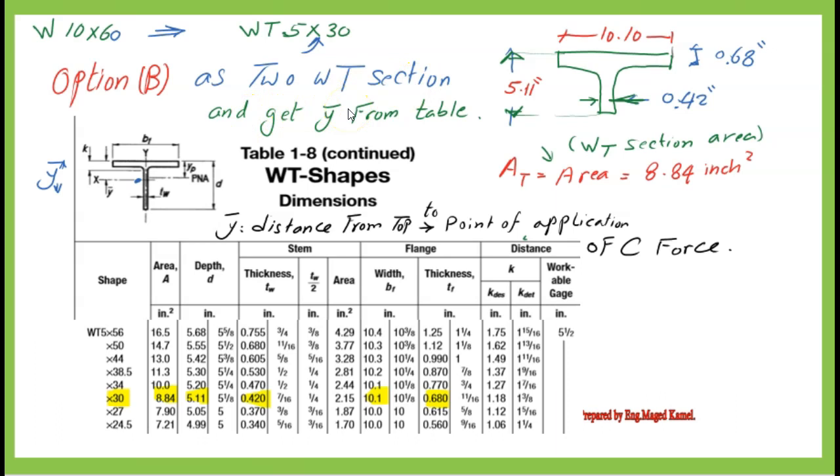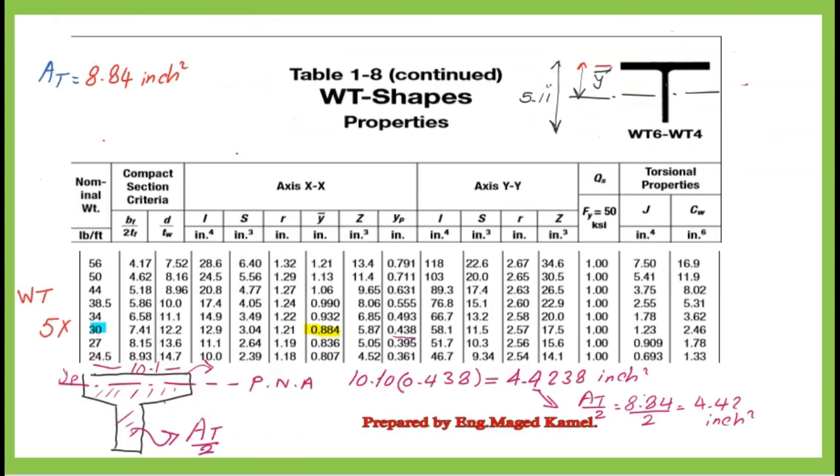The width of the flange of the WT section is similar to the flange of the W section, but the height is half of the W section height. The area of the WT section equals 8.84 inch square. There is a difference between Y sub B and Y bar.